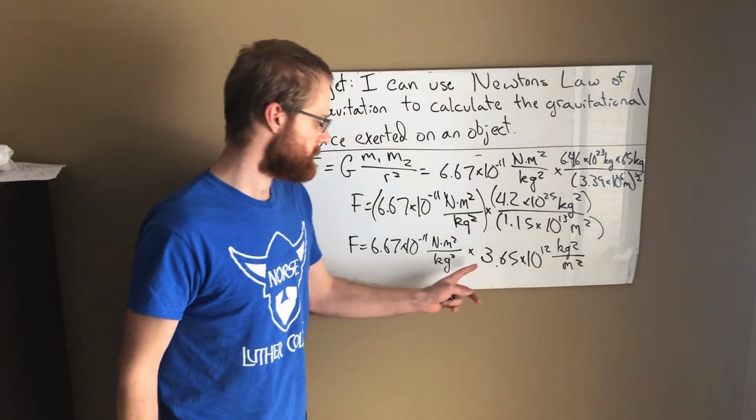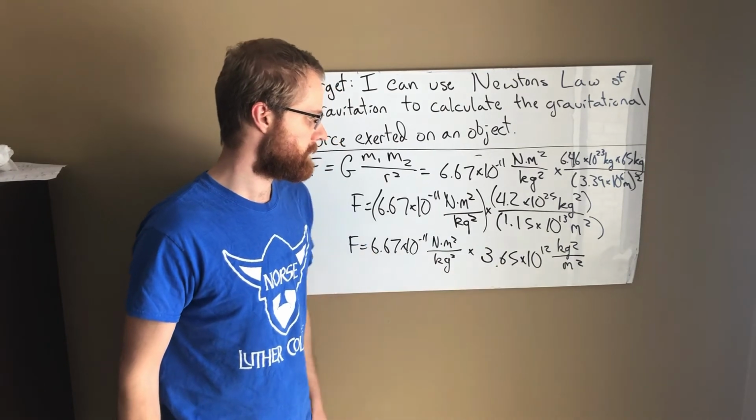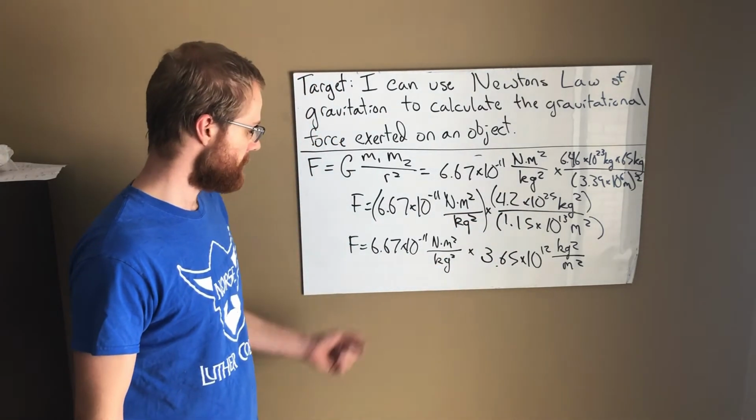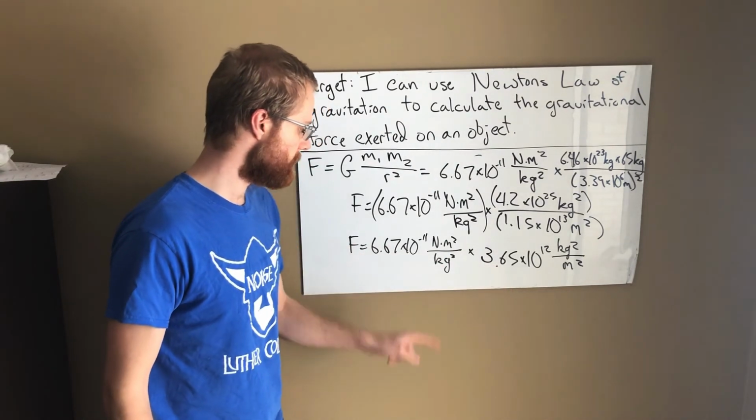And in case you're not seeing it, this 3.65 times 10 to the 12th simply came from me dividing these two numbers. Last step, I'm going to multiply these two numbers together.